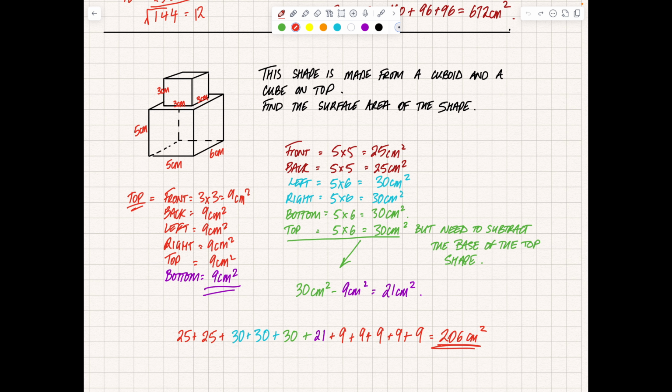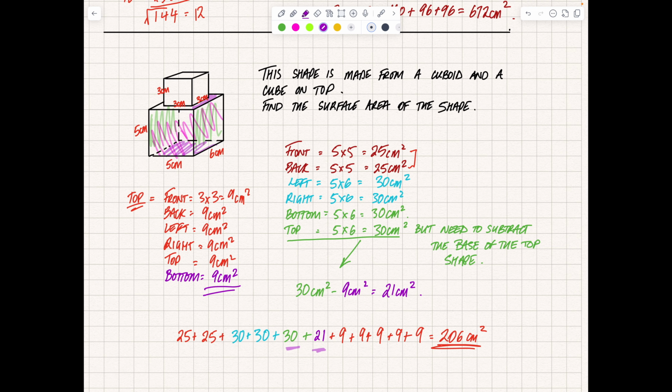Right, then you've just got to be careful what you add together. So I'm going to add together the front and the back of this shape. So there's my front, the pink bit at the back. Then I'm going to be adding my left and my right. So the green bit there, the green bit there. I'm going to be adding the bottom, which is the purple bit. But remember, I'm now not adding the whole of that top.